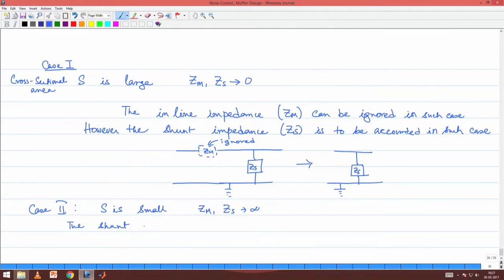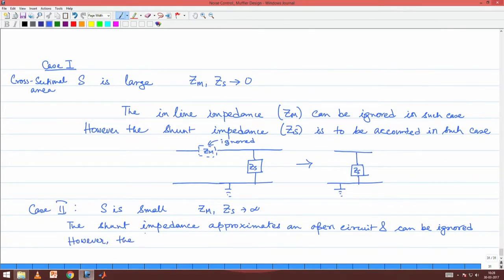So, in this situation the shunt impedance approximates an open circuit and can be ignored, whereas the inline impedance Zm is to be accounted for. The shunt impedance was Zs, the inline impedance is Zm.